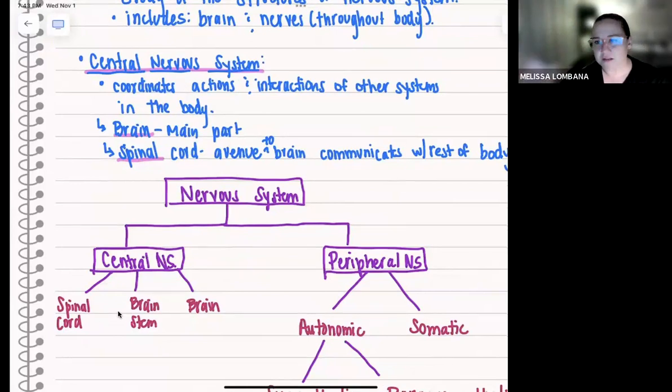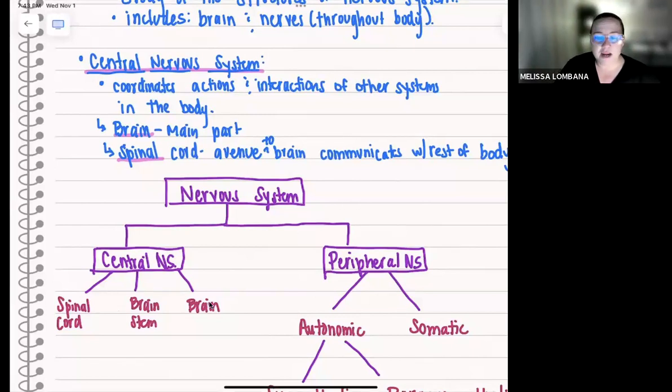Then you have the brainstem, right? The brainstem gets information from the brain, and then sends it through the spinal cord to the other parts of the nervous system.